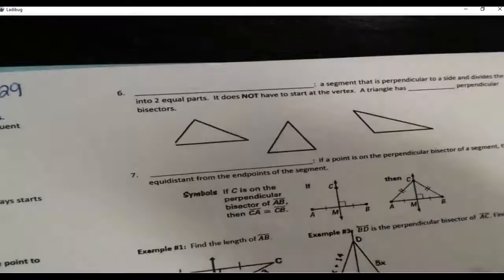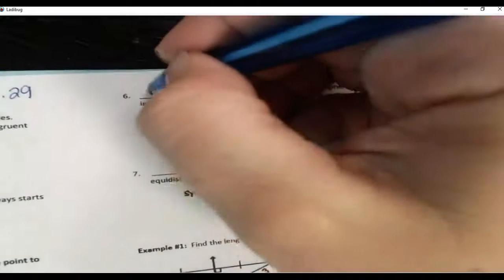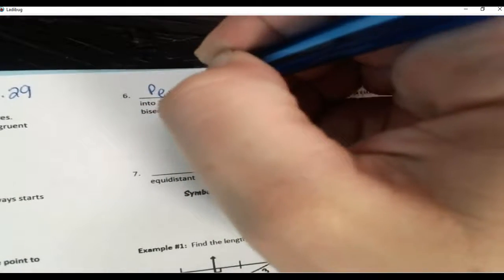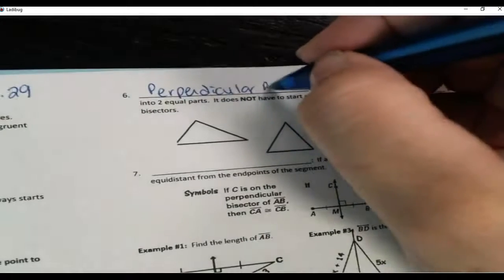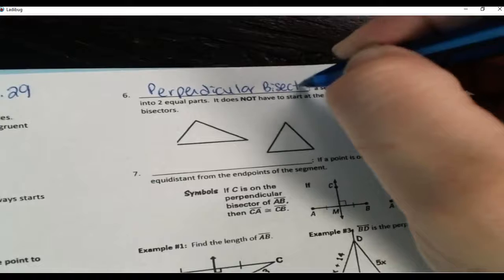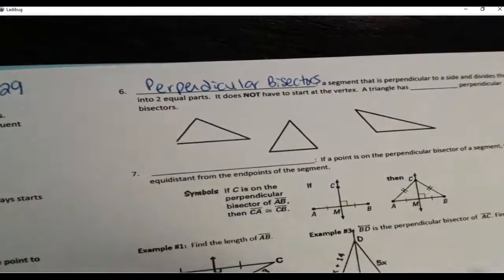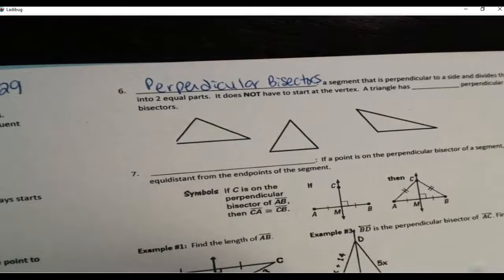Alright, let's look at that side. So up here, perpendicular bisectors are segments that are perpendicular to a side and divide the side into two equal parts. So on these, it does not have to start at the vertex.